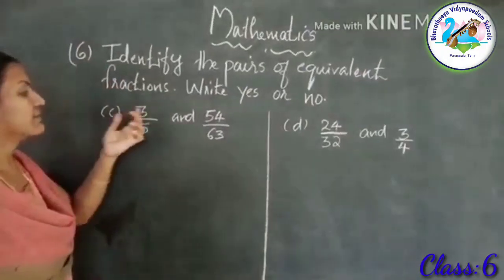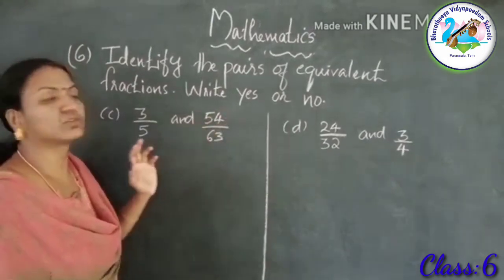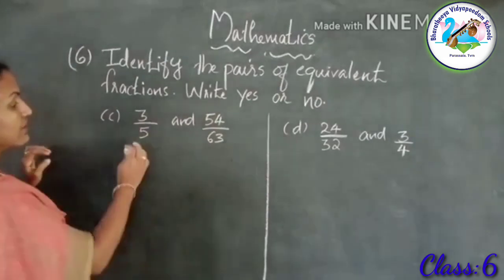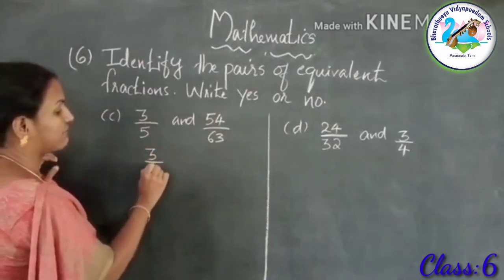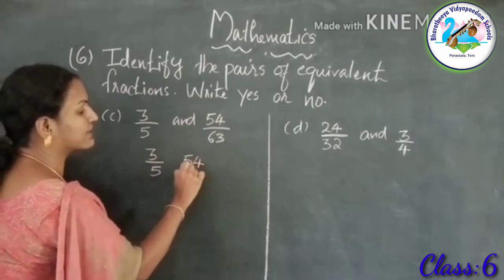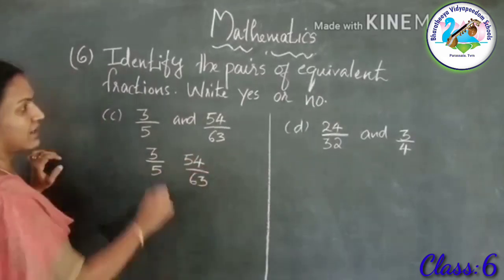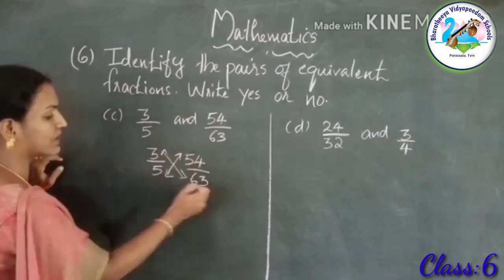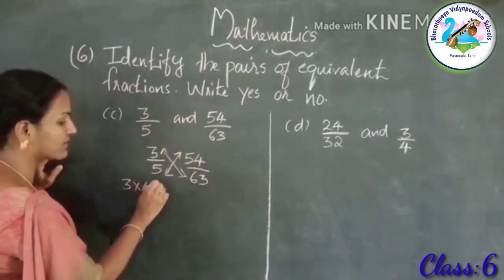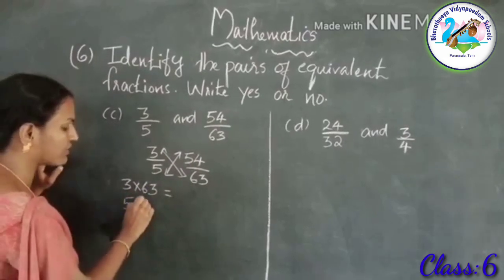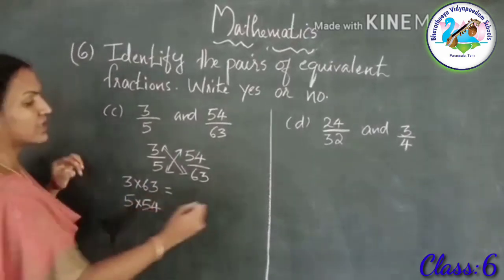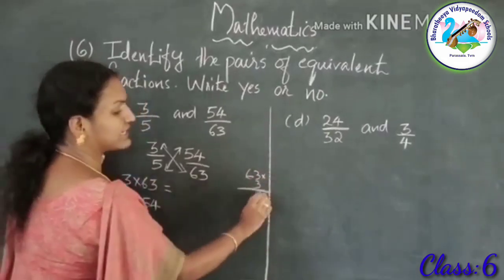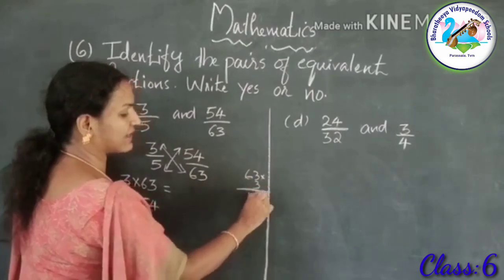Next option C, 3 by 5 and 54 by 63. By applying cross multiplication, 3 into 63, 5 into 54. 3 into 63: 3 3s are 9, 6 3s are 18.